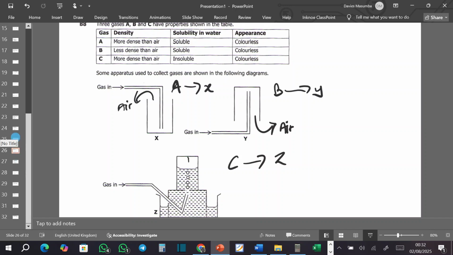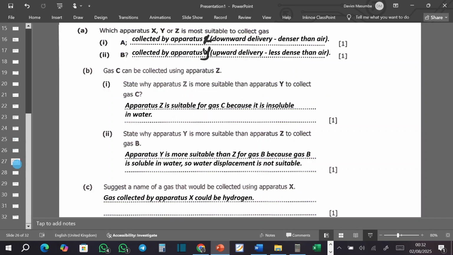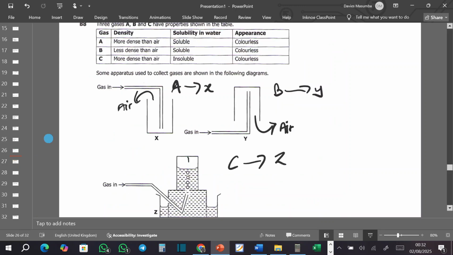Okay, then we are done. Then gas C can be collected using Z.